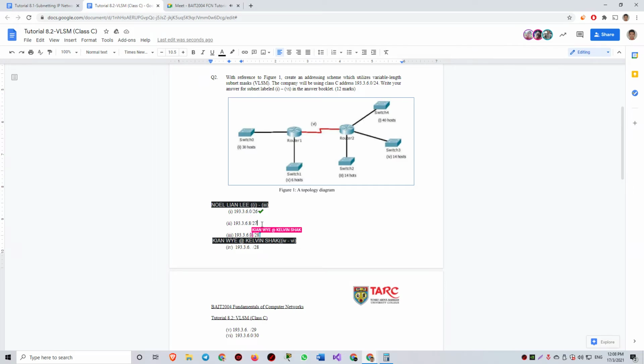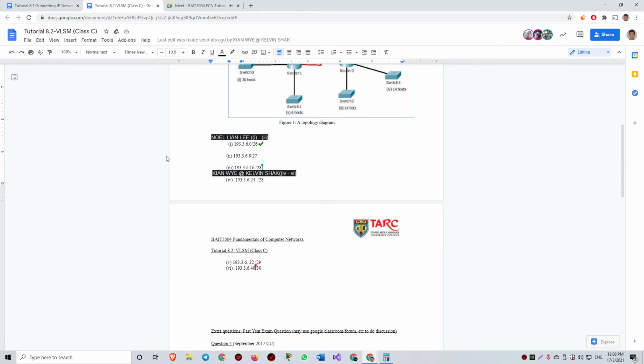The easiest way for you to do it is to sort the networks by the largest required hosts first, going down to the smallest required number of hosts. You should start with network B, 120 hosts, and then it becomes smaller and smaller.